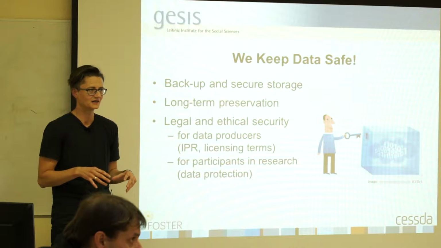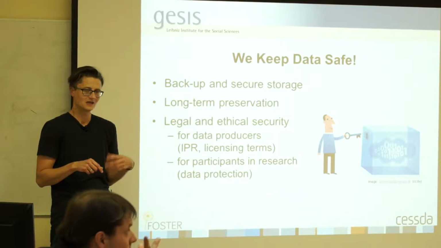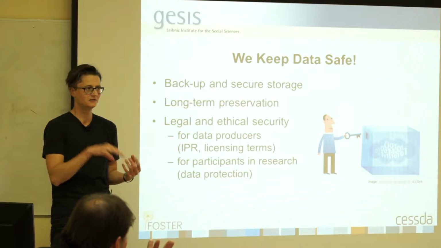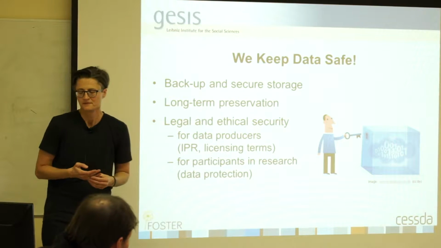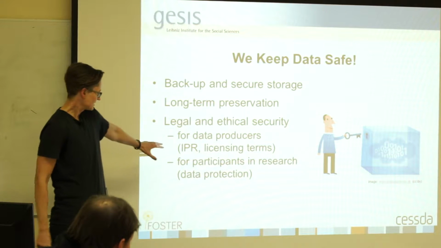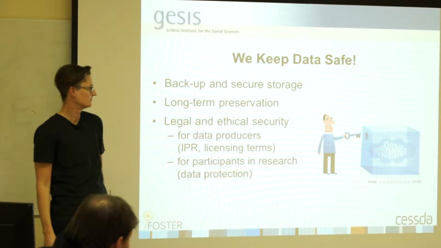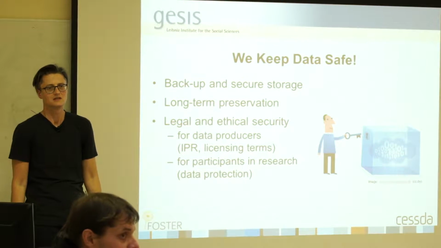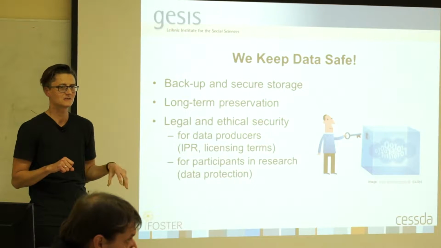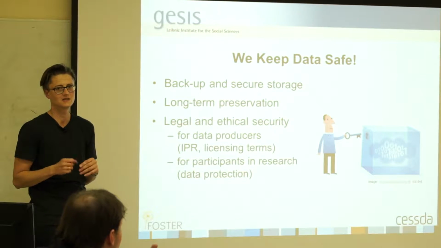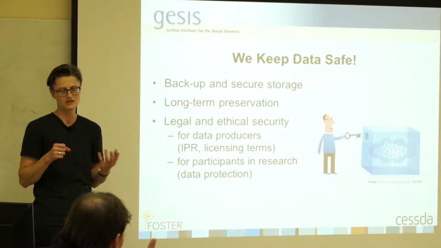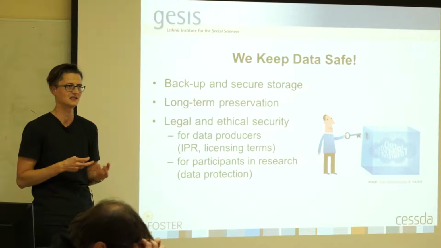And for us as an archive, this may be a bit easier than for an individual researcher, for example. The other aspect that focuses more on participants in research is that we try to also keep the participants of the research safe. And Sebastian mentioned the possibility, for example, of a secure data center.